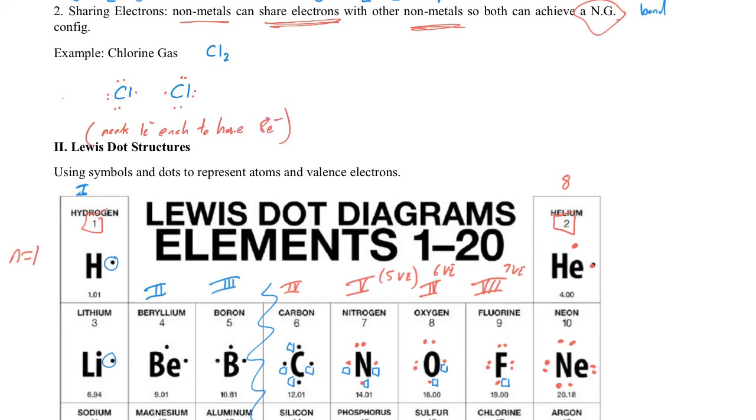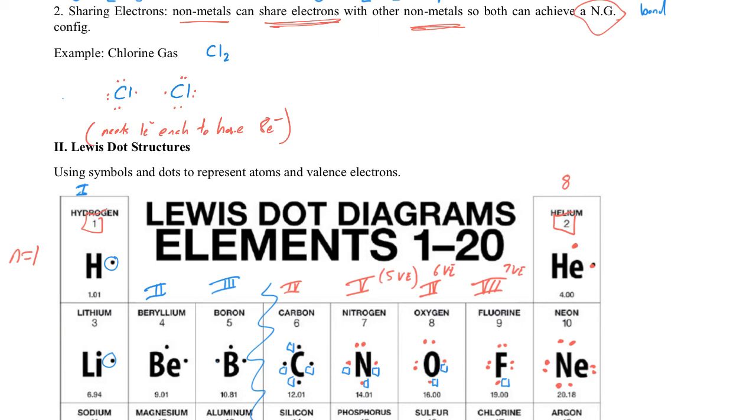So each chlorine right now only has 7 electrons, and if each one had 1 more electron, they would have 8 electrons each. Now, we can't give 1 electron to the other because then we'd be losing, and both won't have a noble gas. So this is what nonmetals do: instead of transferring them, they share them together.